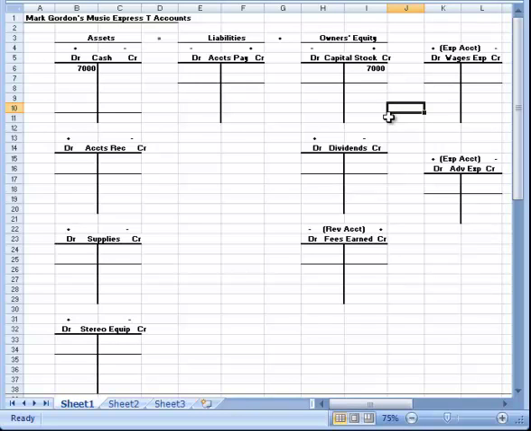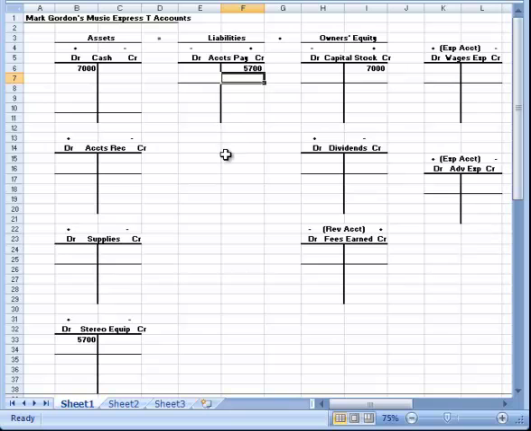Then the second transaction said purchase $5,700 in stereo equipment on account, and that one we debited stereo equipment for $5,700, and we credited liabilities for $5,700.